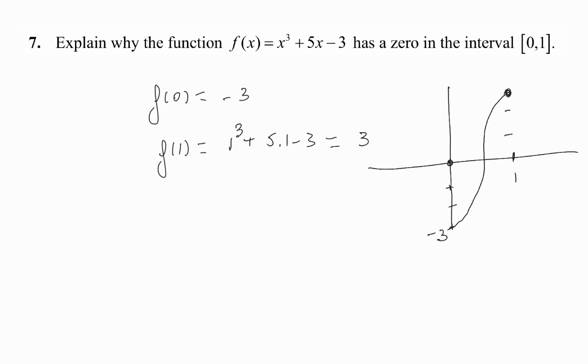What does the intermediate value theorem say? It says there exists a C such that f of C equals k, where k is between f of A and f of B. F of A is minus 3. F of B is 3.